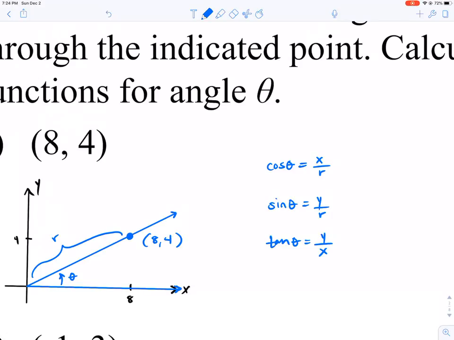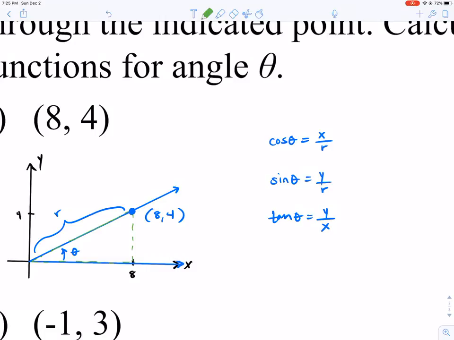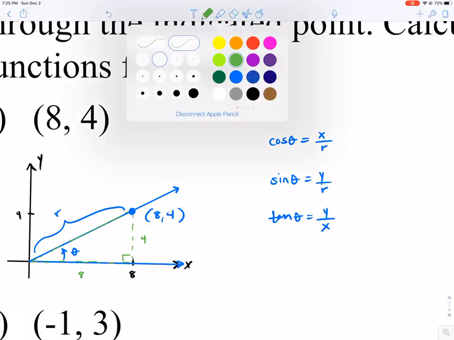So the way that we could find r is by using the Pythagorean theorem, because if we were to construct a right triangle here, and this will be true for any quadrant, this side would be 4, this side would be 8. So r squared equals 8 squared plus 4 squared.